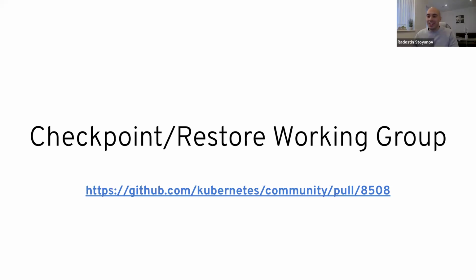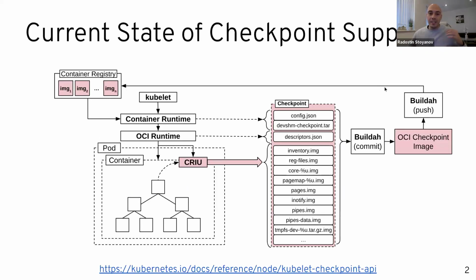Okay, thanks so much. The main purpose of this discussion is to get feedback on the working group. This is a new working group proposing how to extend Kubernetes with support for checkpoint restore. The way this works is we have integrated a tool called CRIU, Checkpoint Restore in User Space, with the container runtimes.